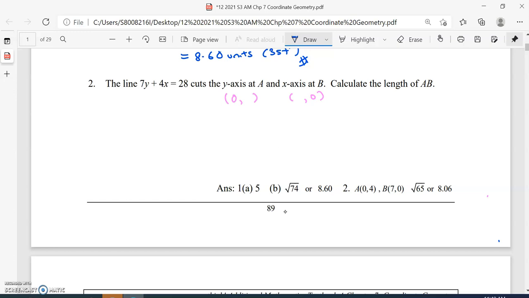With that equation, 7y plus 4x equals to 28, and knowing that x equals to 0, I can calculate 7y plus 4 times 0 equals to 28. So I have 7y equals to 28. My y is actually equals to 4. Therefore, I now know that A is (0, 4).